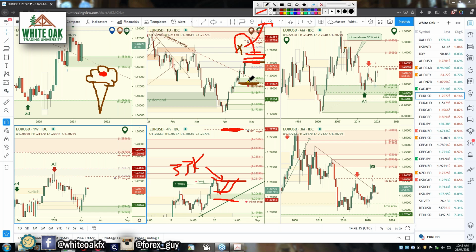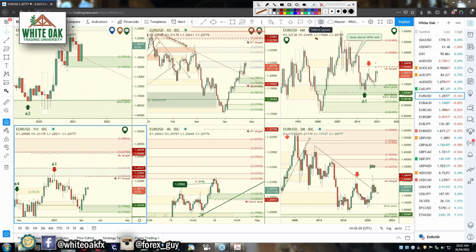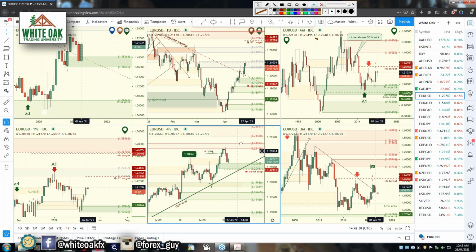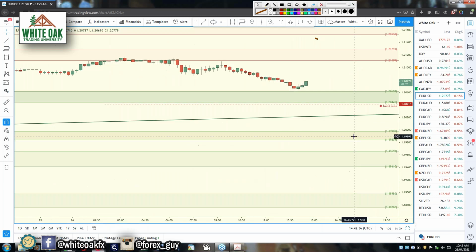So you see, building up a position with very little risk and huge potential upside. So let's take a look at the 15-minute chart now. Remember what we were looking at the beginning? Look at that demand.